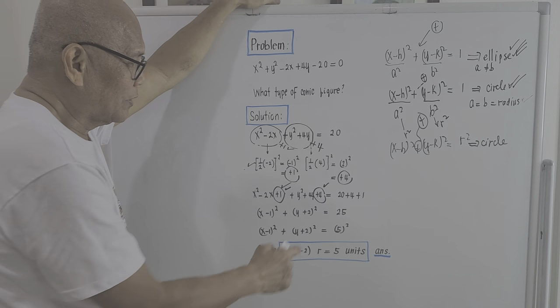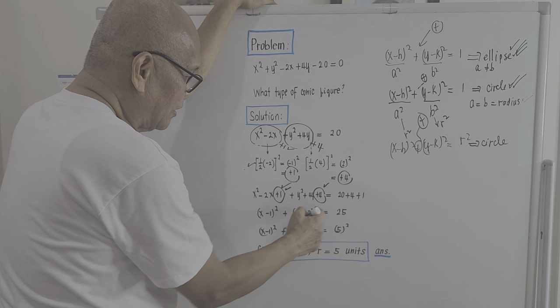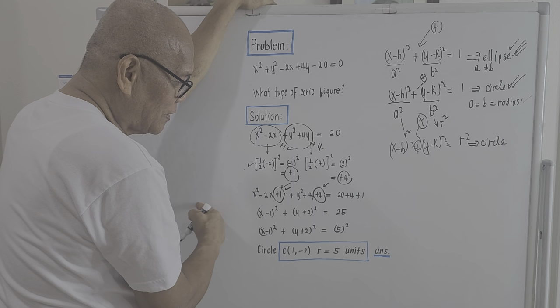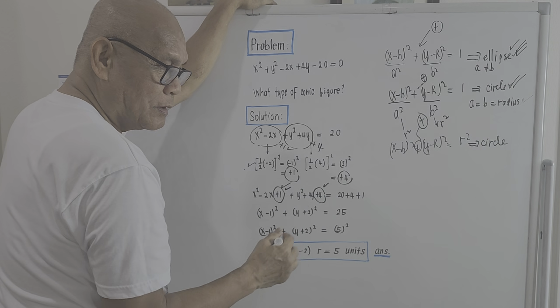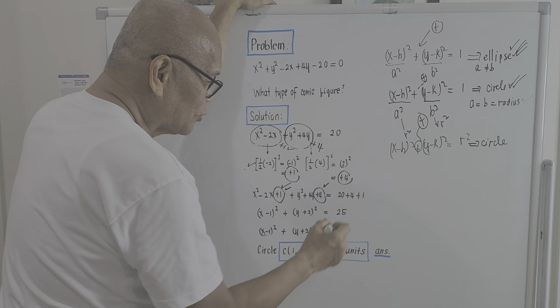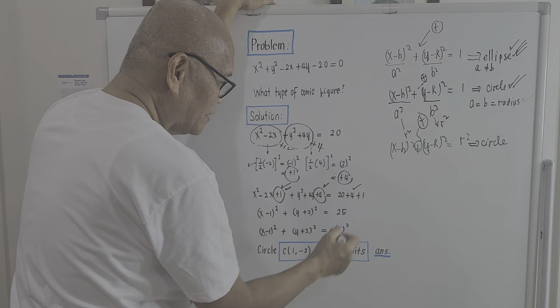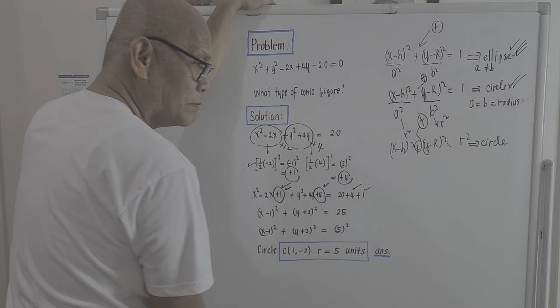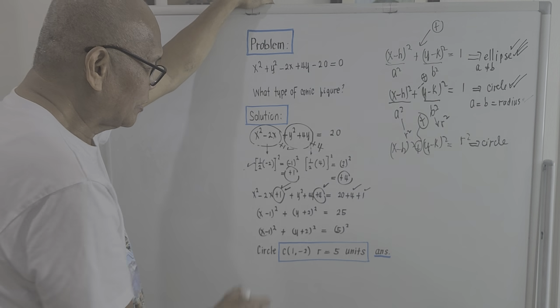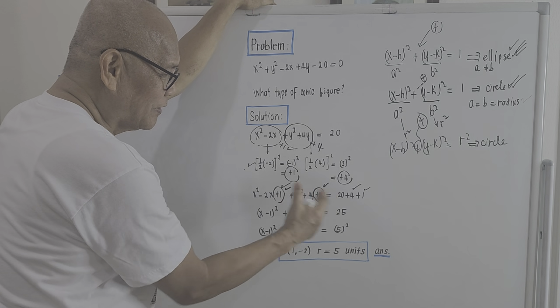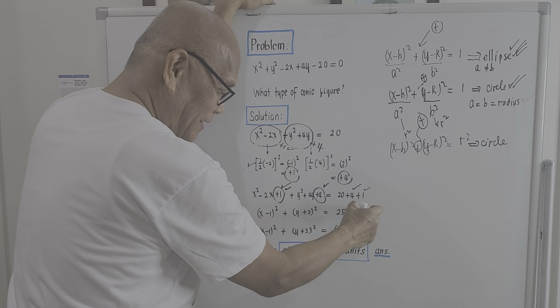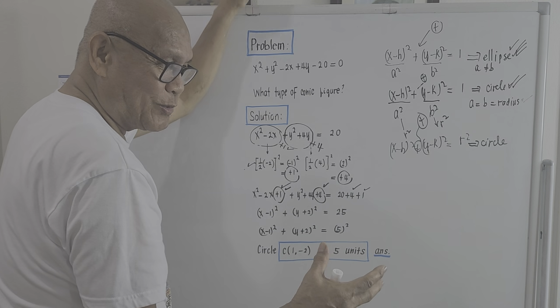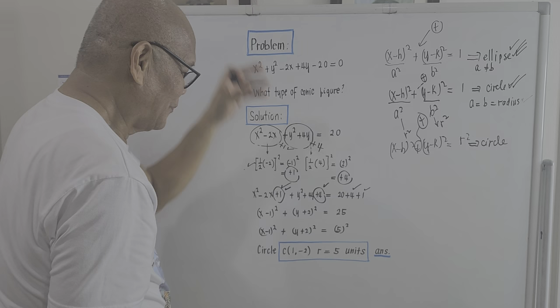And this should be equal to, we add a plus 1 on the left hand side and we add a plus 4. So for the equation to be balanced, we add a plus 5 on the left and a plus 5 on the right, so we don't change the value of the equation.